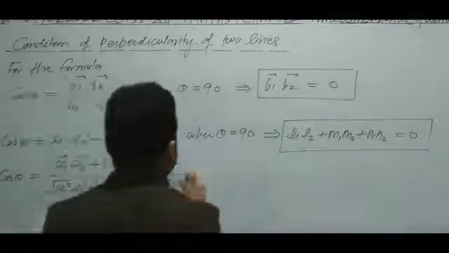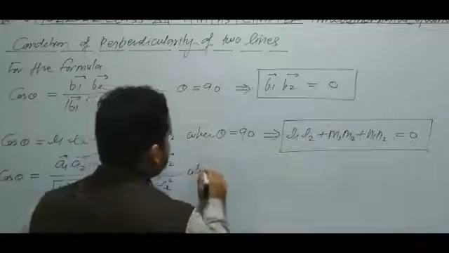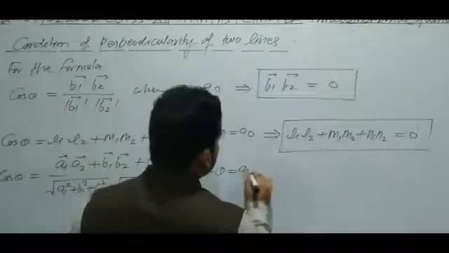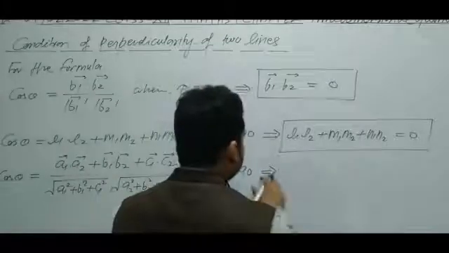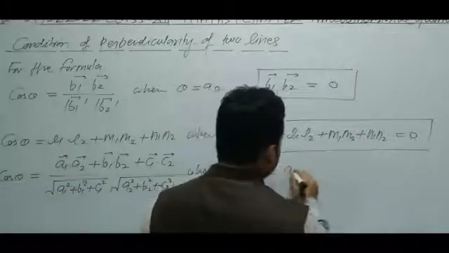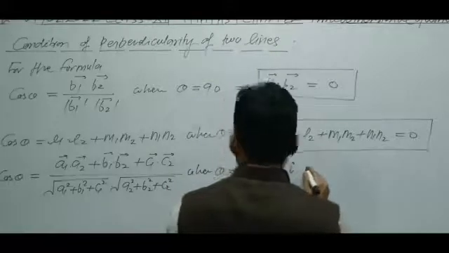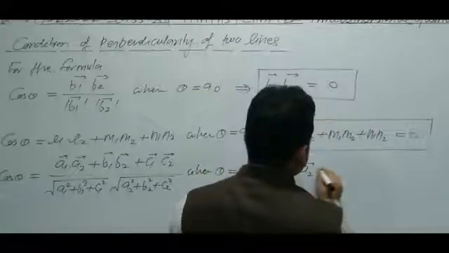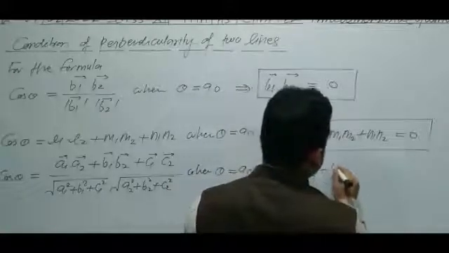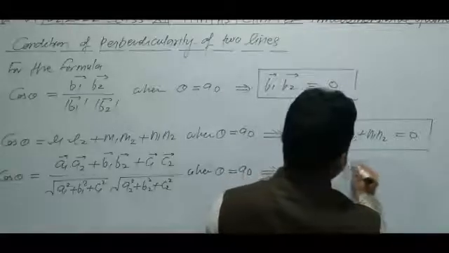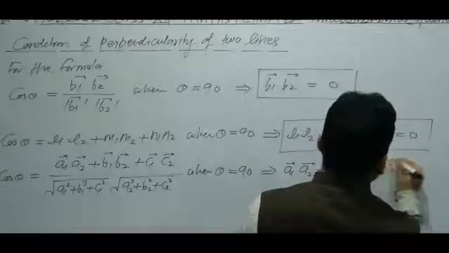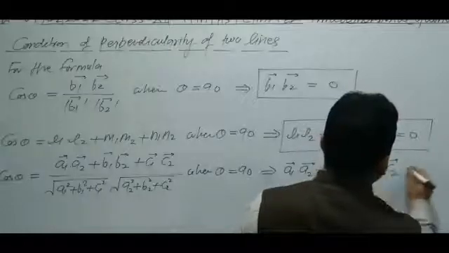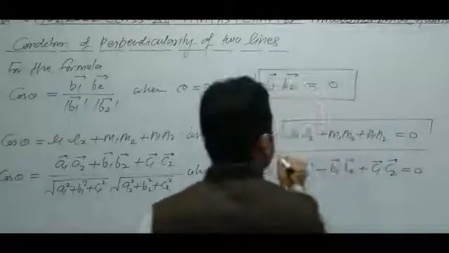Now, when theta is equal to 90, you will get the formula a1 a2 plus b1 b2 plus c1 c2 is equal to 0.